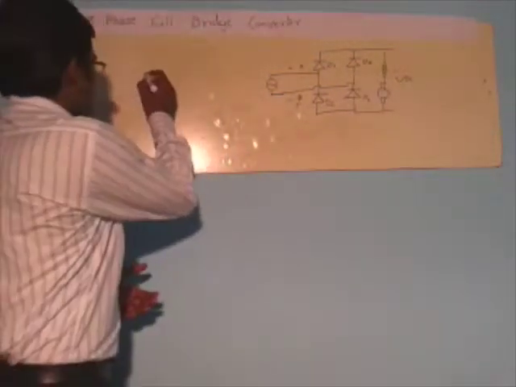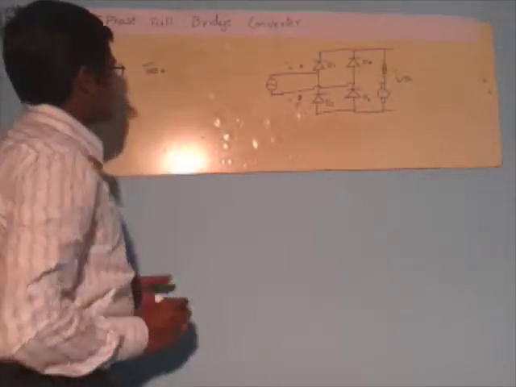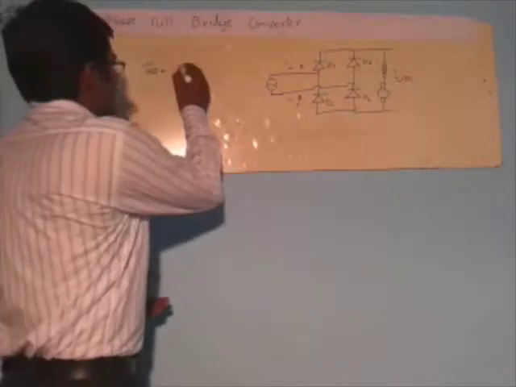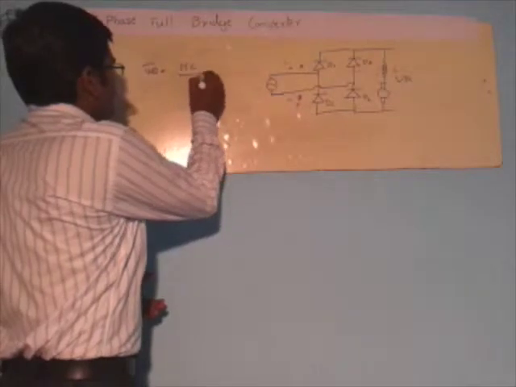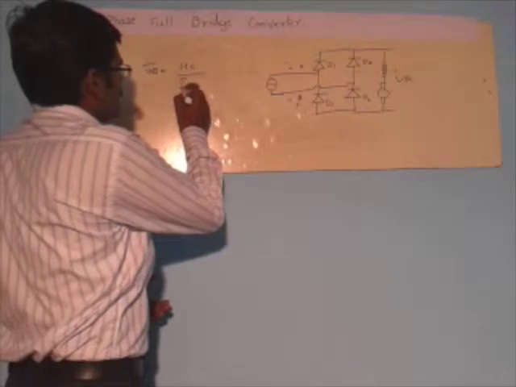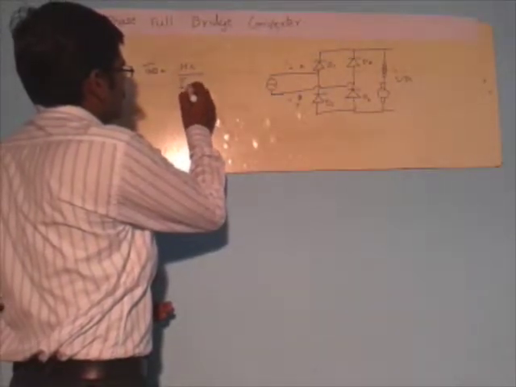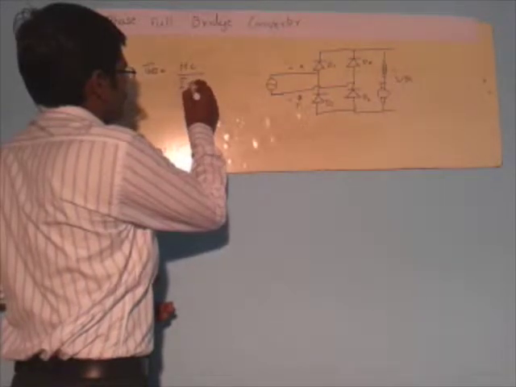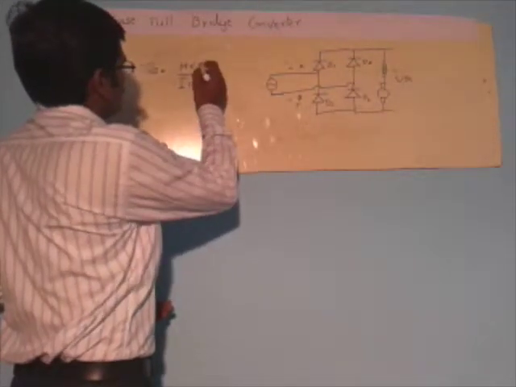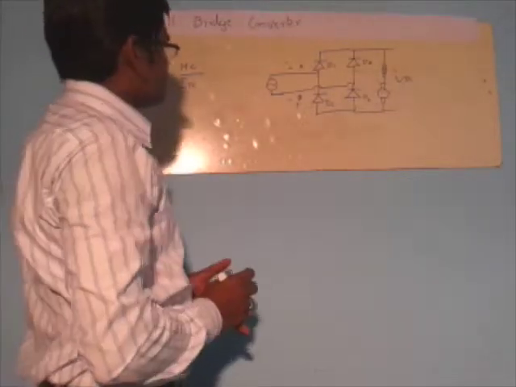THD is equal to HC divided by I1, that is THD.